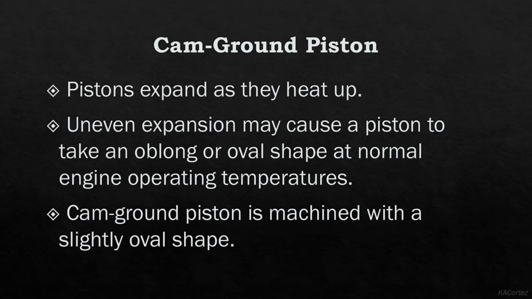One way to compensate for this is with a camground piston. A camground piston is machined with a slightly oval shape, that is, the diameter of the piston parallel to the piston boss is slightly less than the diameter perpendicular to the piston boss.